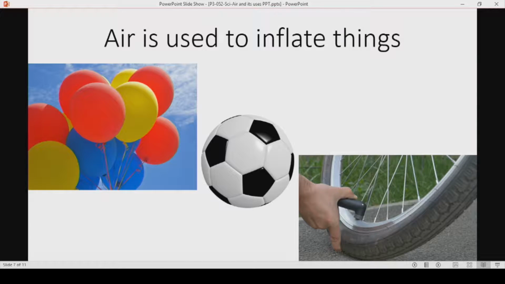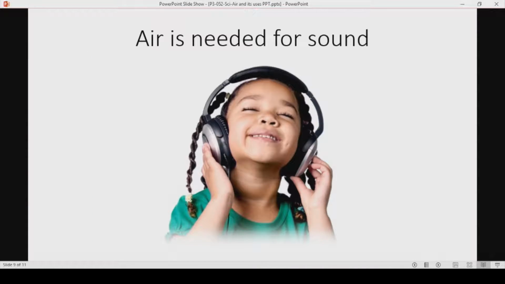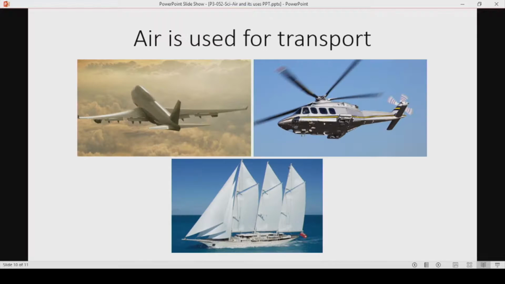Air is used to inflate things. Air is used for power. Air is needed for sound. And air is used for transport.